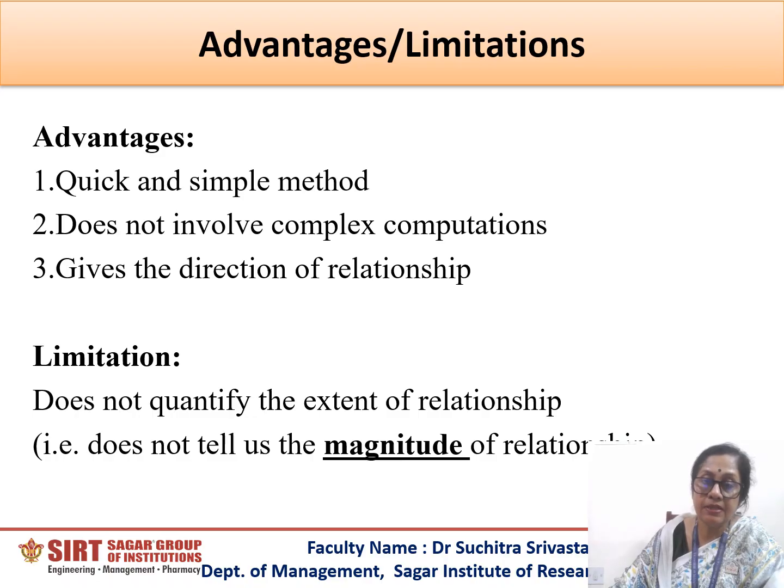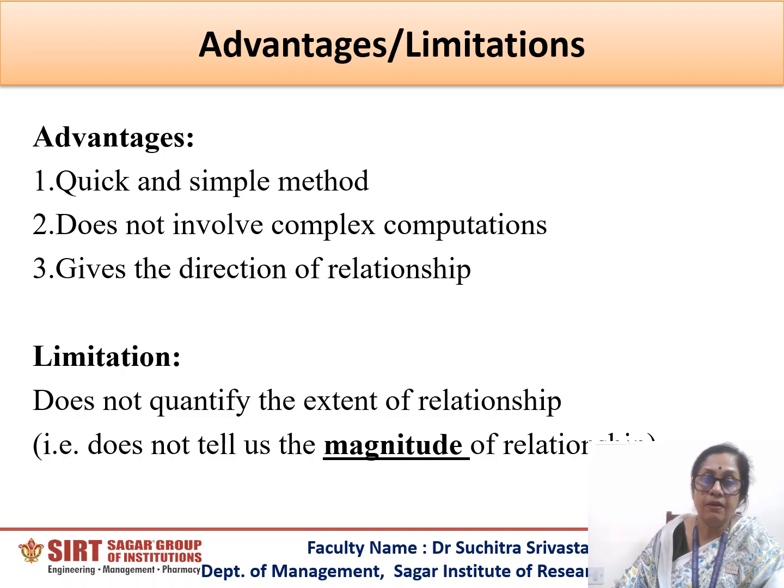By just plotting the points, we get a fair idea about the correlation between two variables. That is, we come to know whether the relationship exists or not, we come to know about the direction of the relationship, and we also come to know whether the relationship is linear or non-linear.